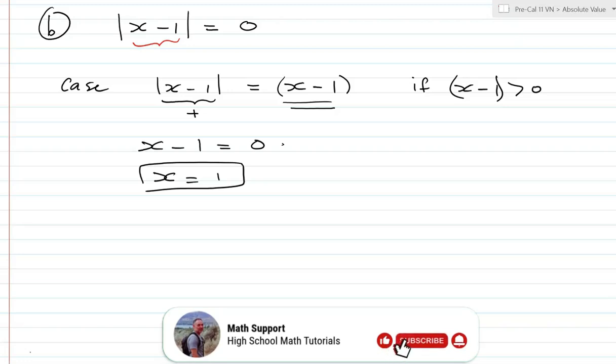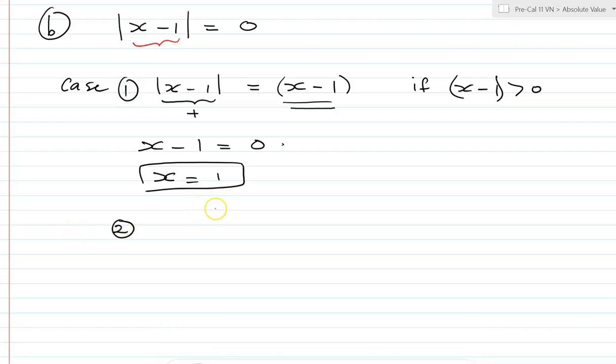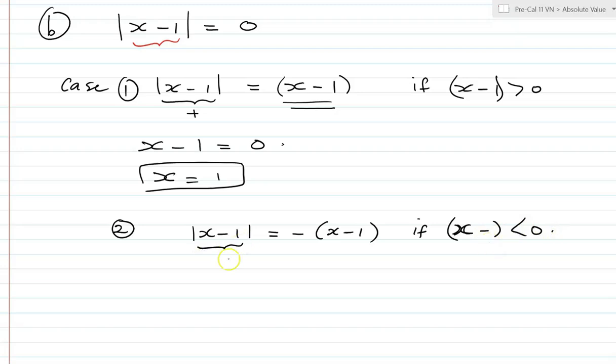Now the second case. That was case 1. Case 2 is that the absolute value of x minus 1 will be negative of x minus 1, if x minus 1 is less than 0. What we're saying is, what if the value of x minus 1 is a negative value?